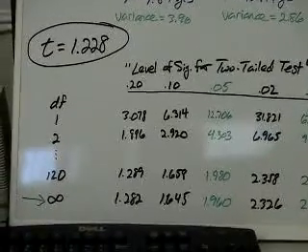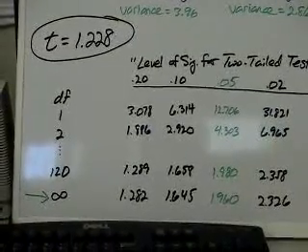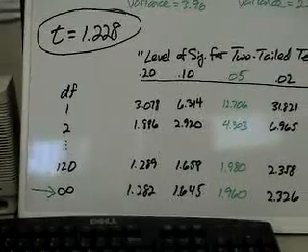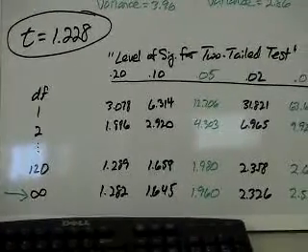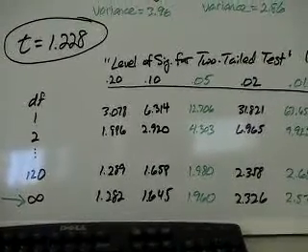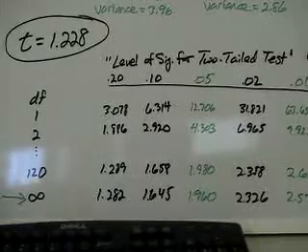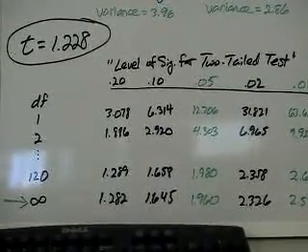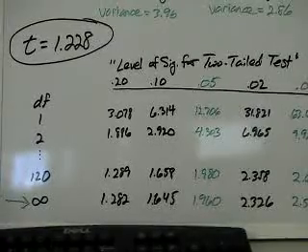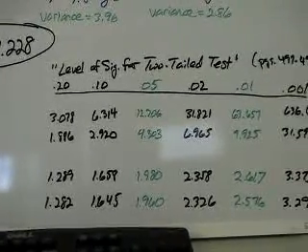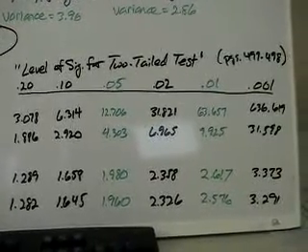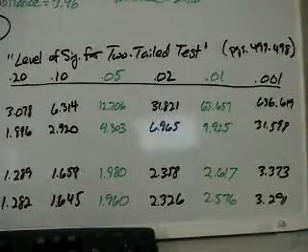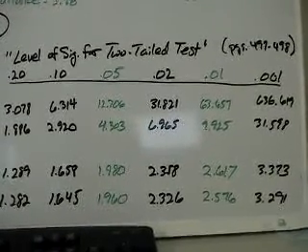Then we go to our degrees of freedom, the infinity symbol we're using, and we look across, going from left to right. In order to see if there's a difference between our means at the level of 0.05, we need a t-score of at least 1.960 or higher. If the difference between the two means were significant at the level of 0.01, you would need a t-score of 2.576 or higher.